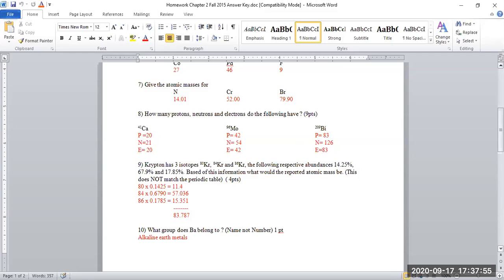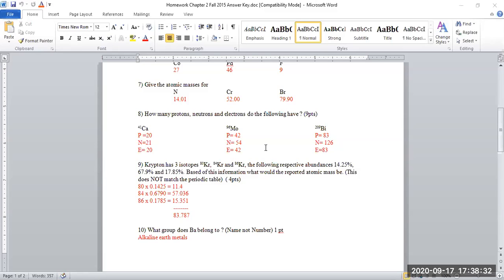Remember that you must subtract mass minus atomic number to find your neutrons. That way, the 41 isotope of calcium gives you 20 for protons, 20 for electrons, but 41 minus 20 for the neutrons. Isotope 96 for molybdenum, 42 for both protons and electrons, 96 minus 42 to give you 54 for neutrons.